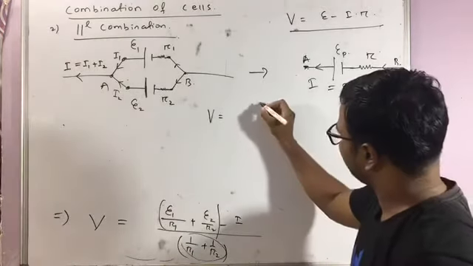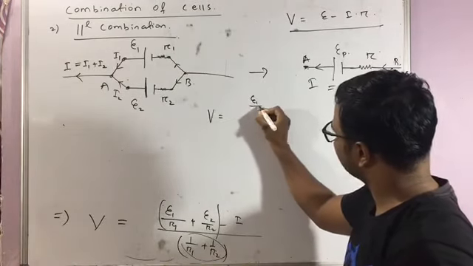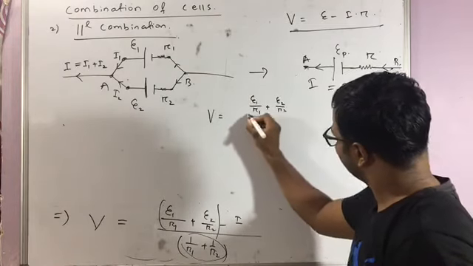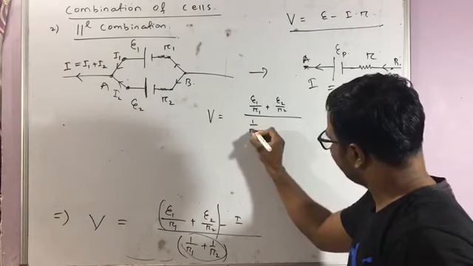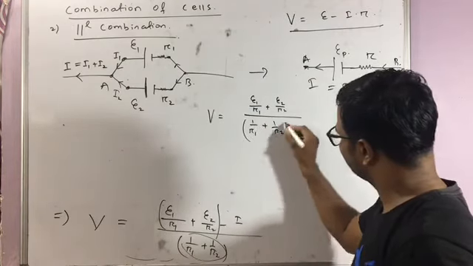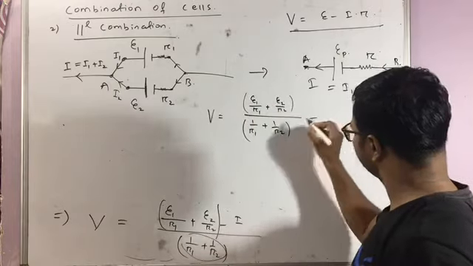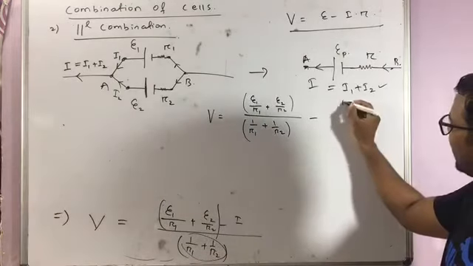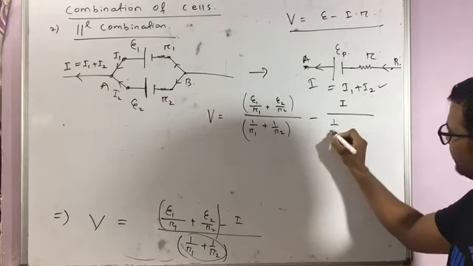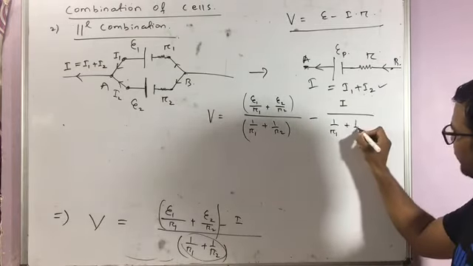So V is equal to E1 by R1 plus E2 by R2 divided by 1 by R1 plus 1 by R2, minus I divided by 1 by R1 plus 1 by R2.